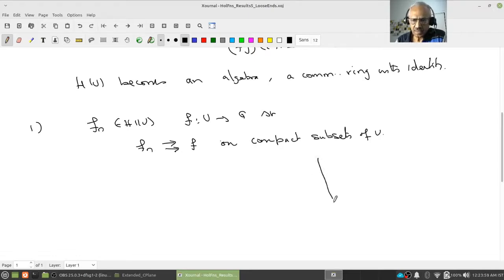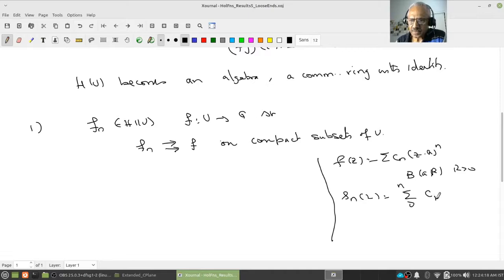Because let us quickly recall, if F is a power series whose radius of convergence is positive, say R, and if I look at Sn of Z to be the partial sum from 0 to n of Ck times Z minus a to the power k, then Sn converges uniformly to F on any open disk of this kind.